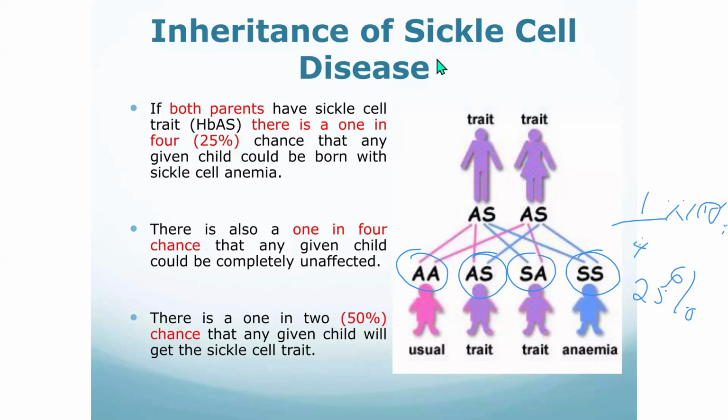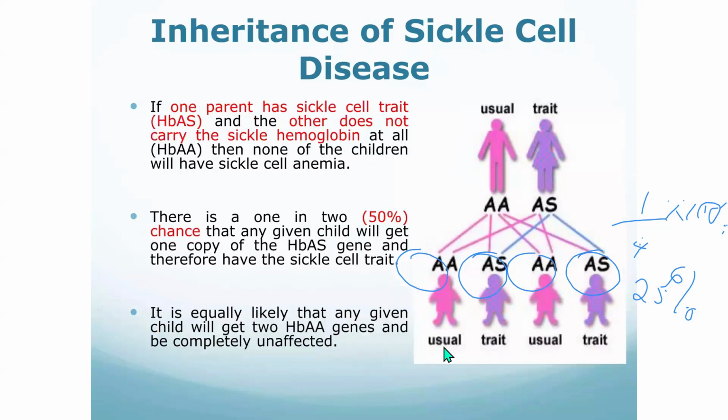So you see 50% here, AS and AS, they have the trait. So that is for this case.